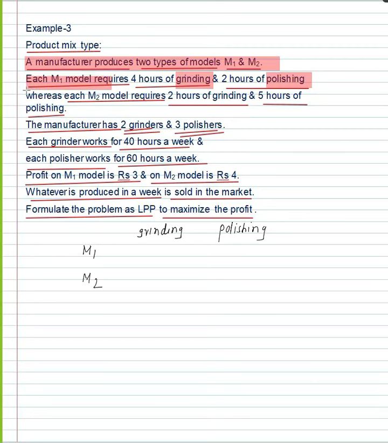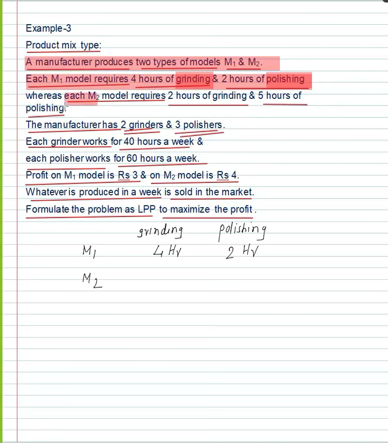Each M1 model requires 4 hours of grinding and 2 hours of polishing. 4 hours is the grinding time and 2 hours is the polishing time required for each unit of model M1.